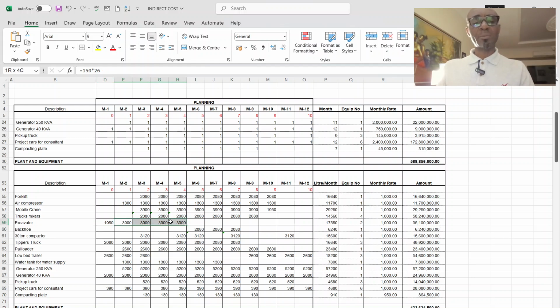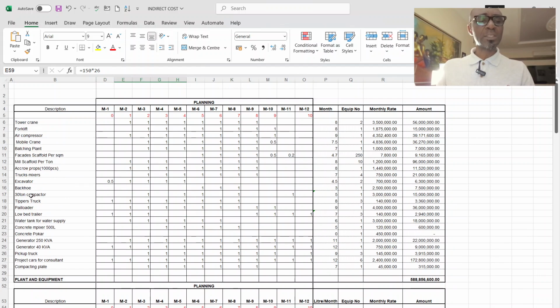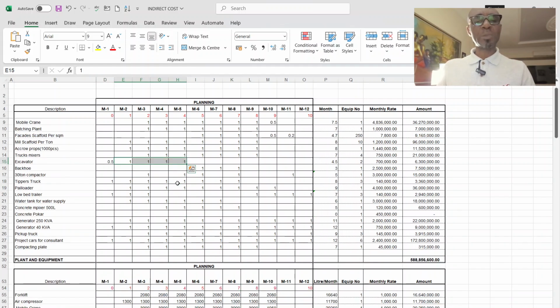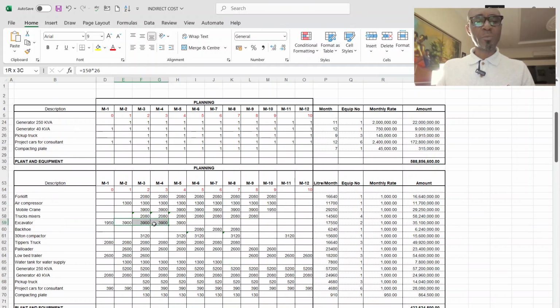While the rest of the months are complete. That's why you're seeing here where you have the excavator, you have 4 months complete, and here you're having 4 months complete diesel. So you shouldn't be surprised when you're seeing some cells with a lesser figure. You should know that it's either the plant is coming in not for a full month. That is why you're seeing those figures in that manner.